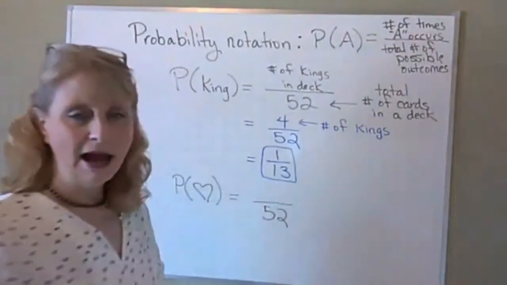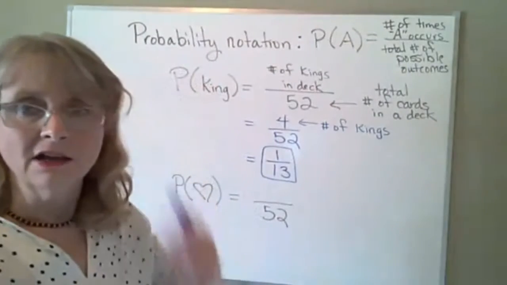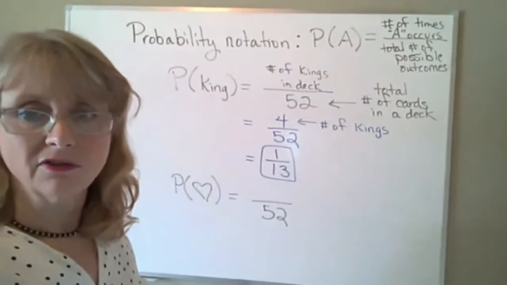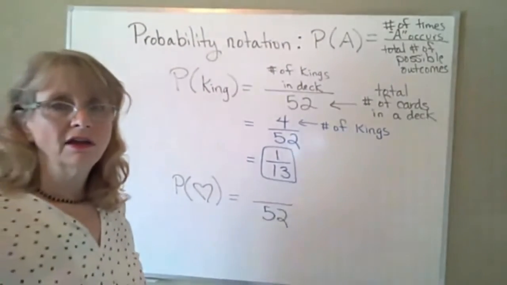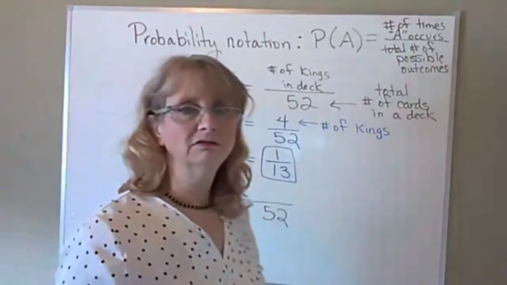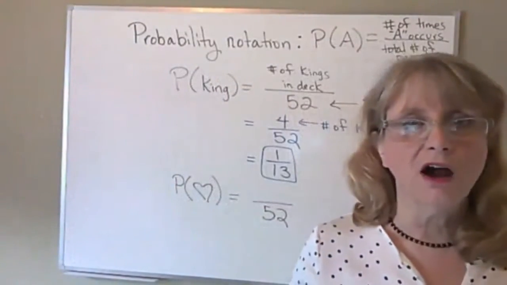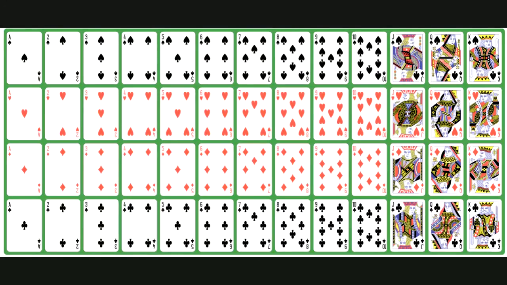The top number is going to be how many hearts there are in the deck. So you would look at your deck of cards. You see the hearts are the second row, and you would count how many there are. You see we have the numbers 1 through 10, then 3 court cards. So there's 13 cards total in each suit. We have 2 red suits and 2 black suits. Another thing you should notice is that half the cards are red and half the cards are black.